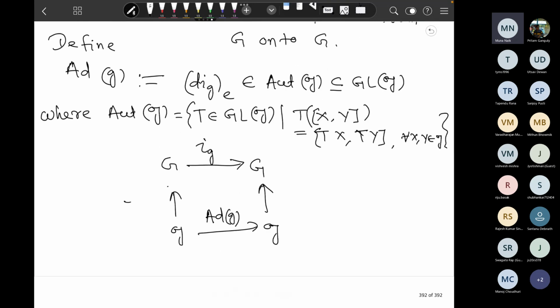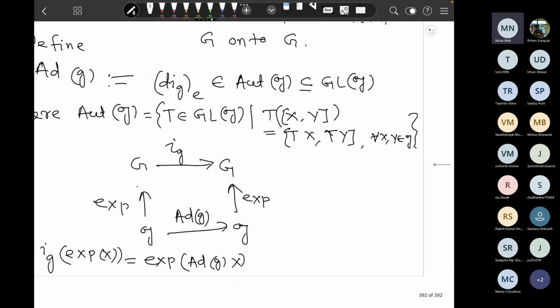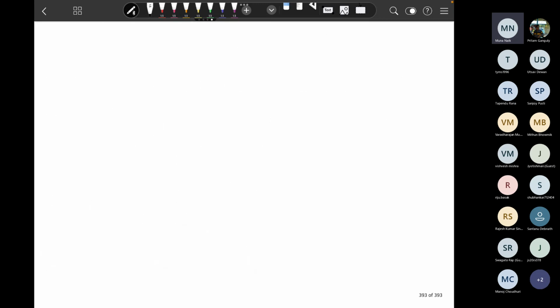From this you get that I_g of exponential of x is equal to exponential of R_g x. That will imply that g exponential of x g inverse is exponential of R_g x.